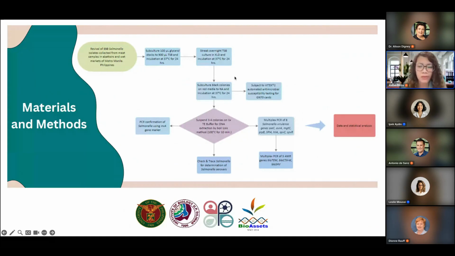Basically, we revived them and suspended them in TE buffer for DNA extraction, and those that are for CTS, we revived in nutrient agar and submitted to our laboratory for determination of the serovars. The DNA extraction was for PCR confirmation. The other path is for the multiplex PCR of the virulence genes and AMR genes.